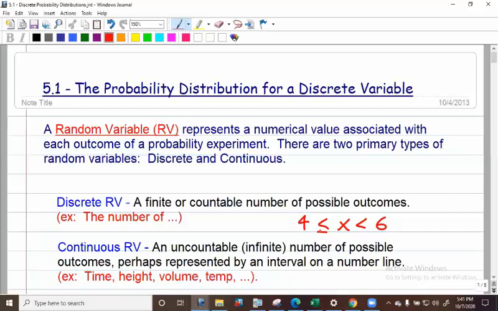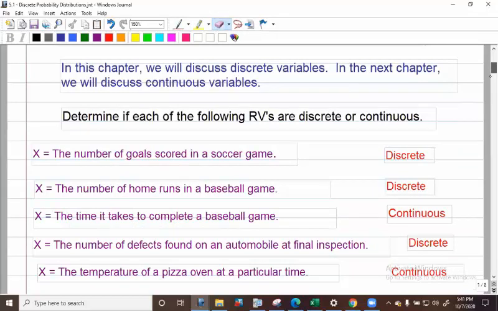Theoretically, it would have been continuously moving between those two numbers, not just the whole numbers. So let's go through some of these examples.